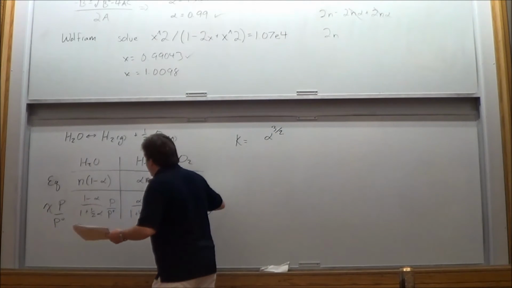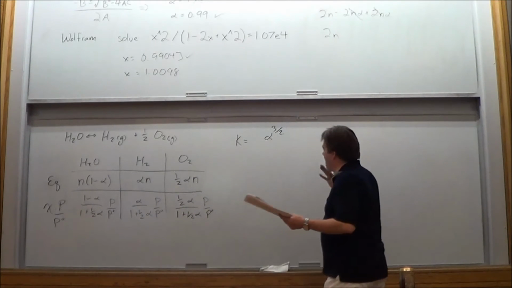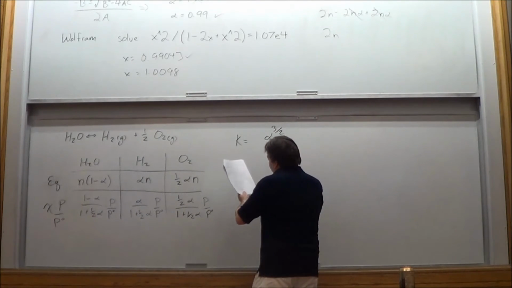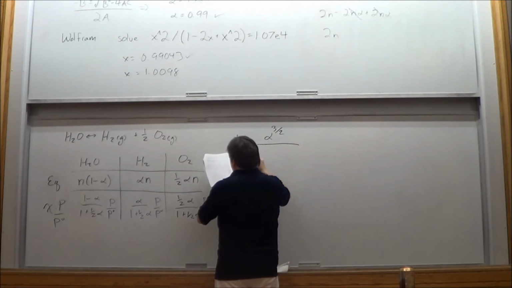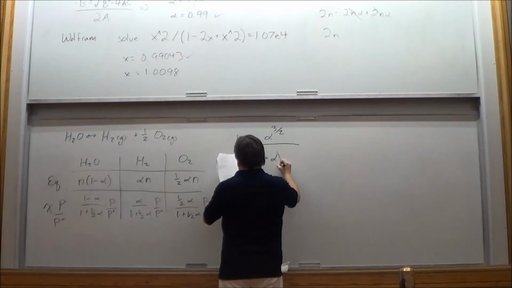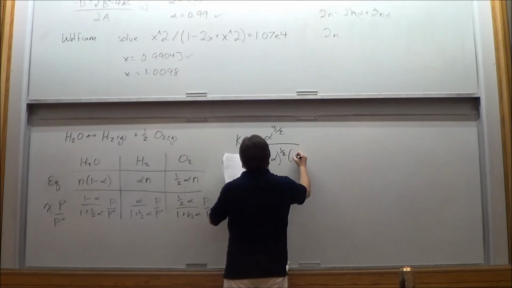Yeah, I mean, you saw what to do. It's painful, there's a lot of algebra. Sorry, wow, I don't really remember it better than that. So we got alpha to the 3/2 over 2 plus alpha to the 1/2, 1 minus alpha.